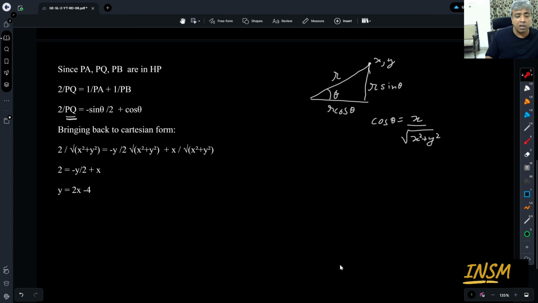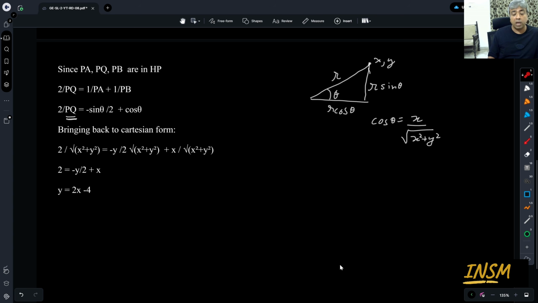So we have put here sin theta as y upon under root x square plus y square, retaining -1 and 2 in the denominator, and cos theta as x upon under root x square plus y square. So this under root x square plus y square gets cancelled out.